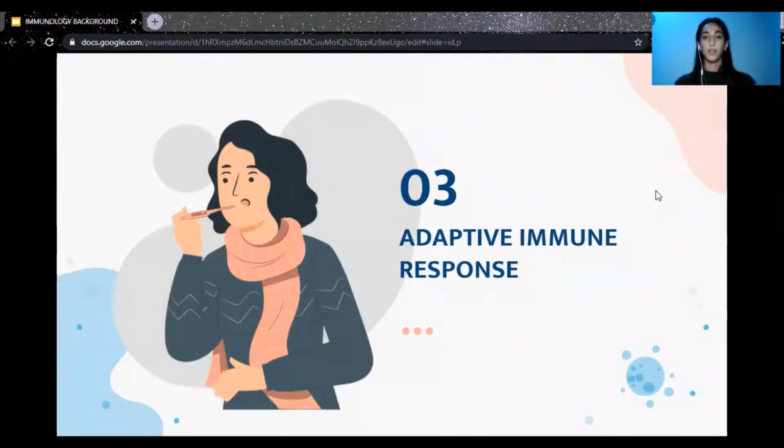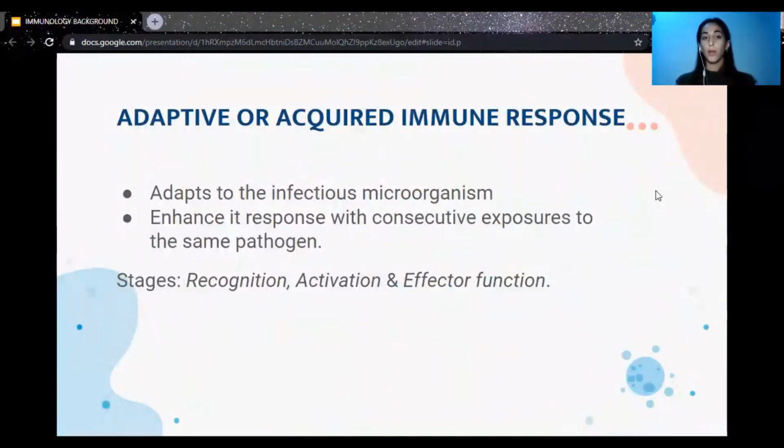When this innate immune response is not enough and the pathogen is still activating the immune system, the adaptive immune response also begins. So what is the adaptive or acquired immune response? The adaptive or acquired immune response adapts to the infectious microorganism.